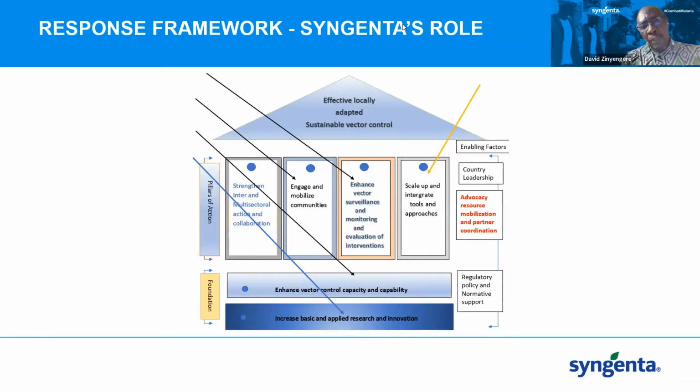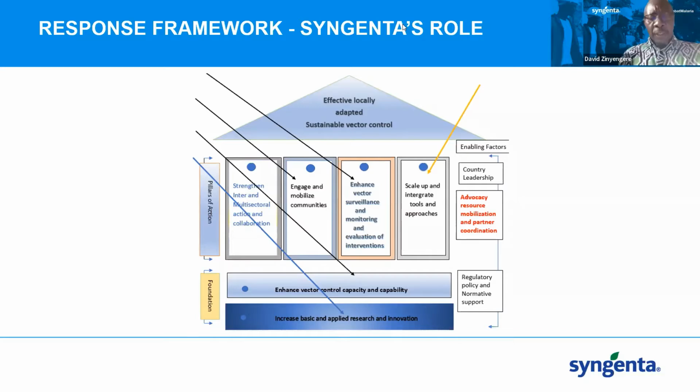Having looked at that whole top section, there is a strong foundation required for IVM to succeed. That foundation involves the enhancement of vector control capacity and capability. If programs are not well capacitated, their success is not up to the levels expected.